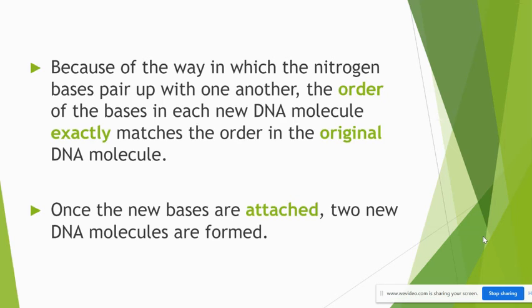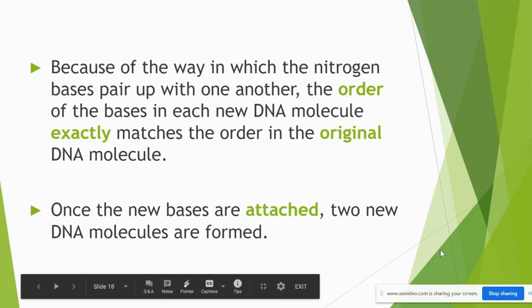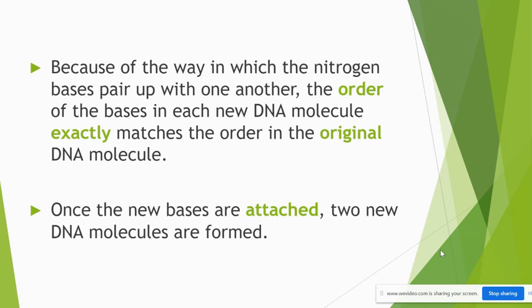So thinking about the zipper, you unzip it, you open up those two sides, new little pieces connect to those open zippers, and then think about it as making two new identical zippers from that one original zipper. And if everything attached and formed correctly, you would have two working complete DNA molecules, or two new zippers.